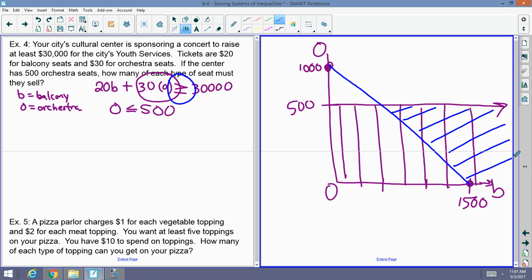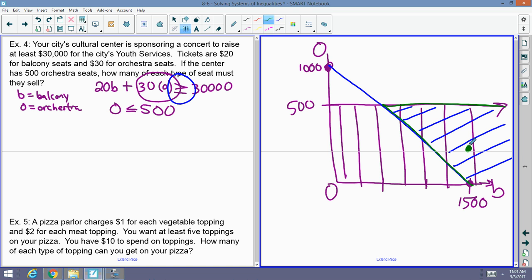So how many seats can I sell? Any combination inside of here. Any combination inside of there. Well, that means that I can sell this point right here.